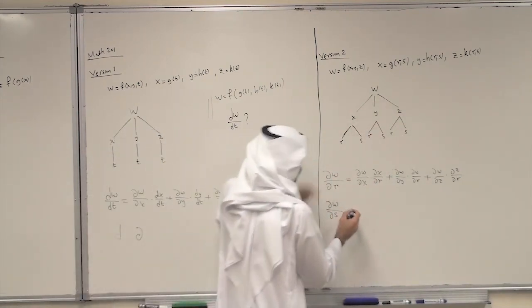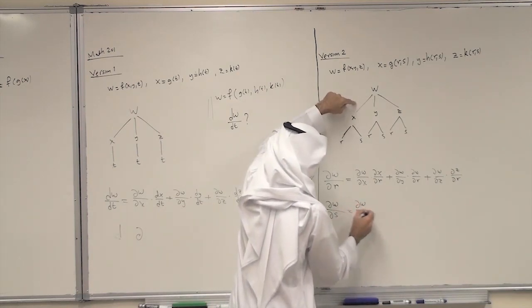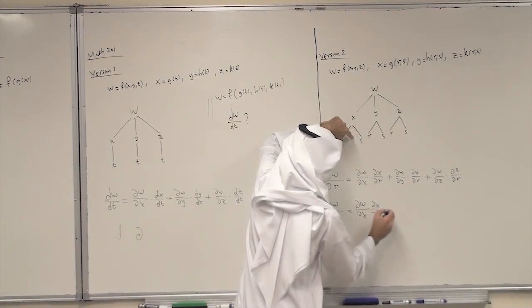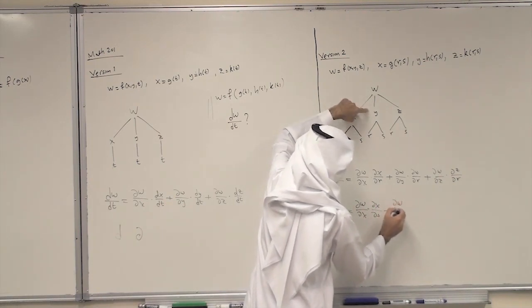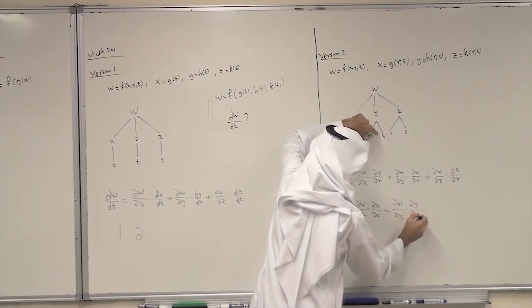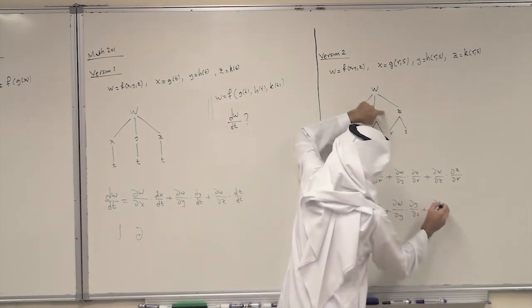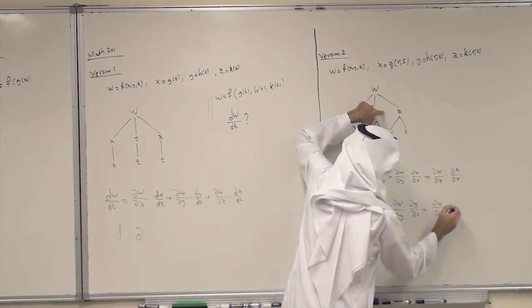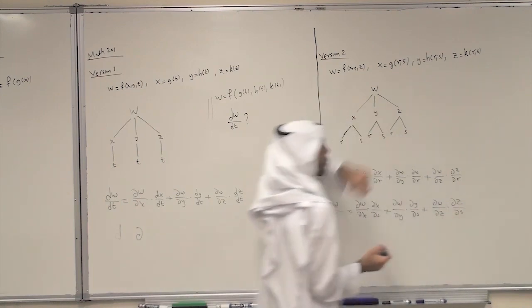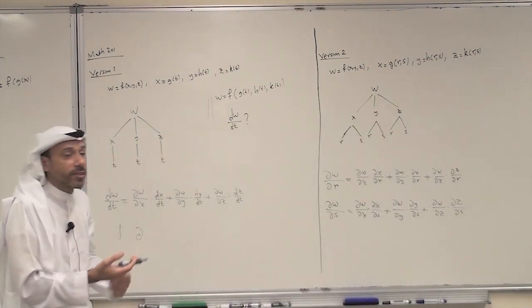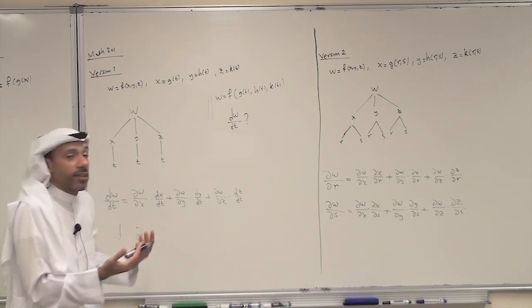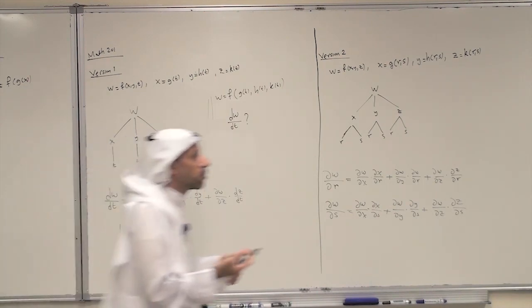So we go partial w partial x times partial x partial s, plus partial w partial y times partial y partial s, plus partial w partial z times partial derivative of z with respect to s. So this is the formula for partial w partial s. This is the second version. A third version is given as follows.